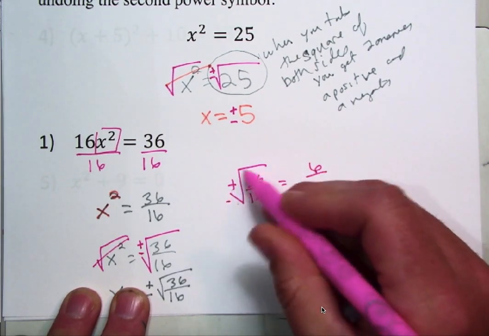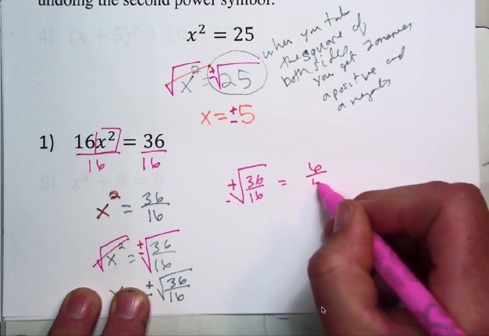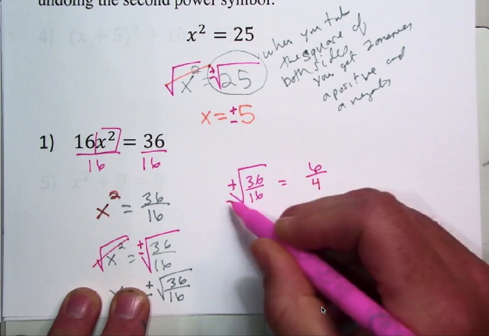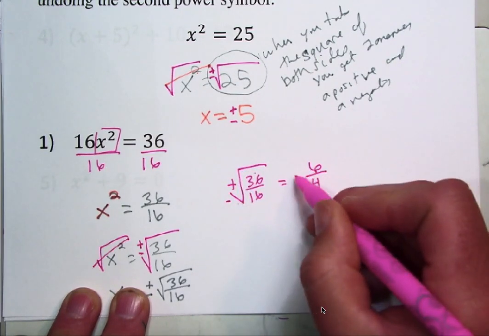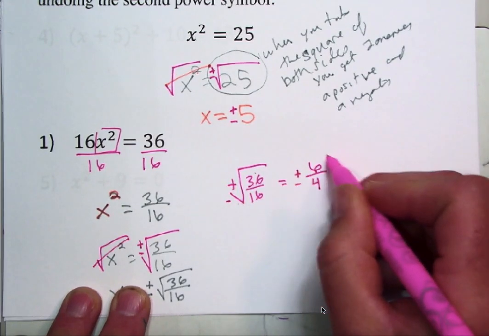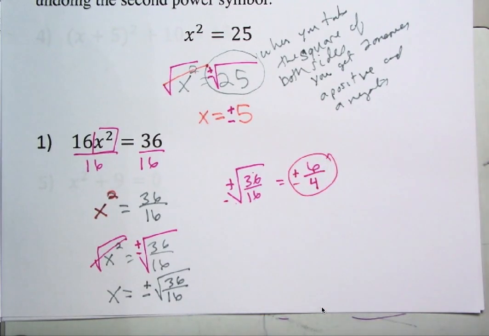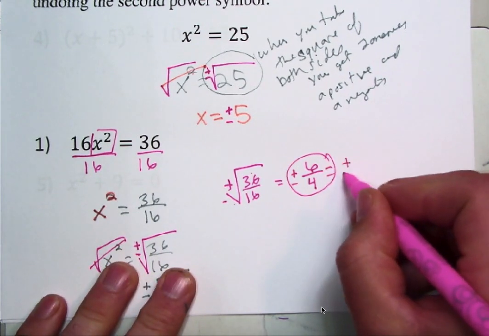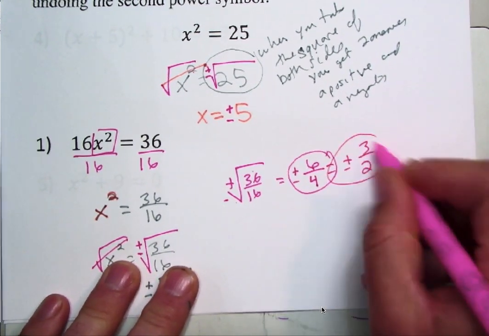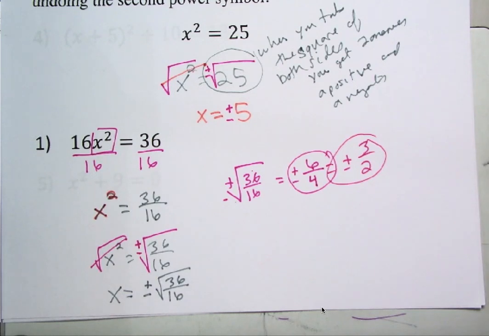Because that's what we're saying, take the square root of 16. Well, that's 4, right? So we can actually take the square root of these two numbers, and now we've got positive or negative 6/4 makes this true. And you might even simplify it a little further and say plus or minus 3/2. Okay.